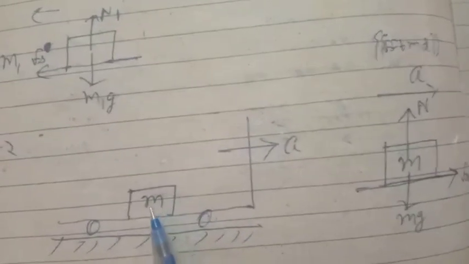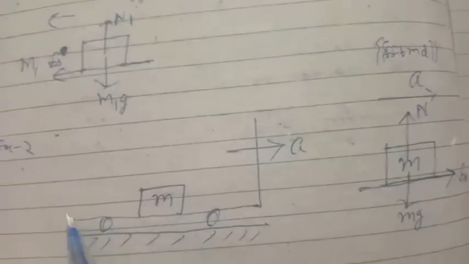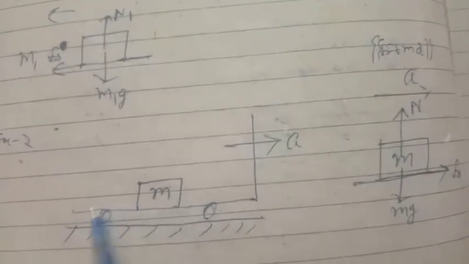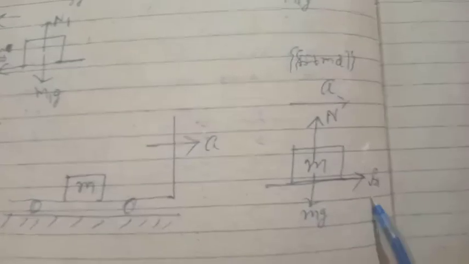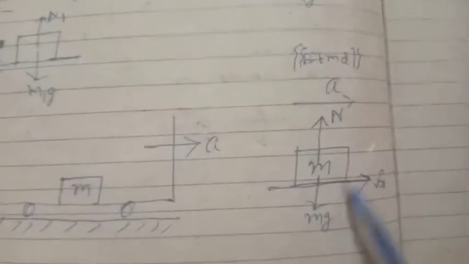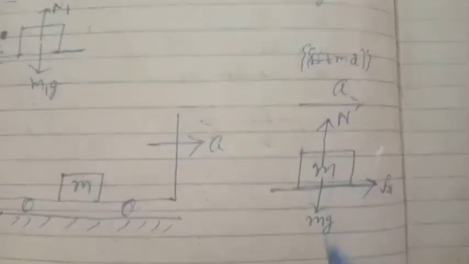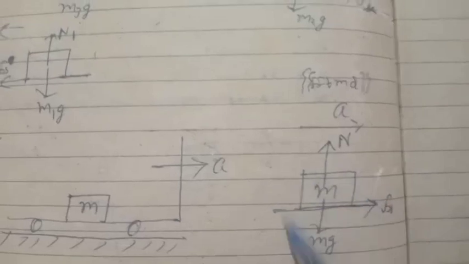But this body has a tendency to move in this direction with respect to the surface, so the force of static friction will act in this direction on this body, where it is shown as Fs. And the normal reaction will be vertically upward, and the weight of the body mg will be acting in the downward direction. So this is the free body diagram.